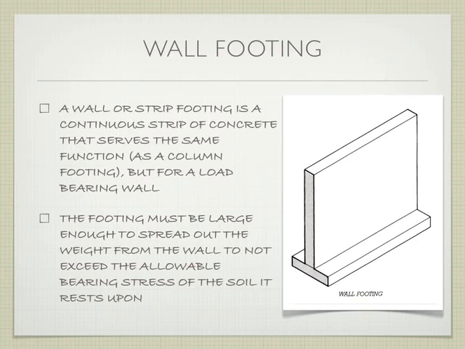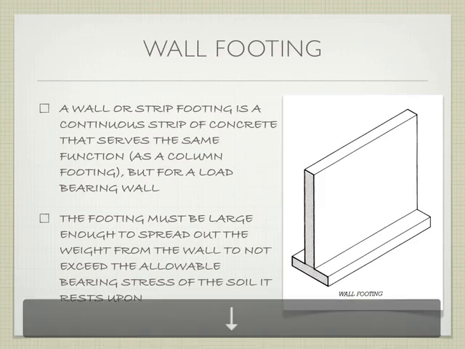Same basic idea: it's a continuous strip of concrete that serves the same function as the column footing. It's distributing the load that would be resting on that wall to an allowable size that the soil can bear. Does that make sense? The footing needs to be large enough to spread out the weight from the wall, so as not to exceed the allowable bearing stress of the soil.